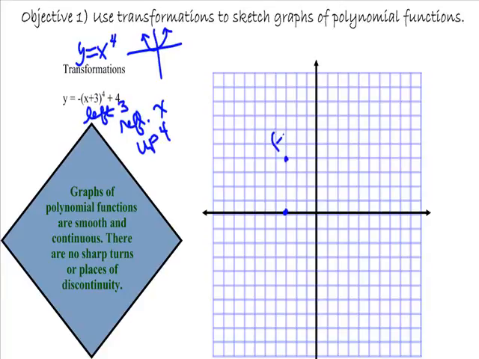So that vertex point is at negative 3, 4, and now it's going to shift down. Now I could precisely find out what those zeros are, and we'll talk about that in just a minute, but I just wanted to give you a basic shape of what that would look like.